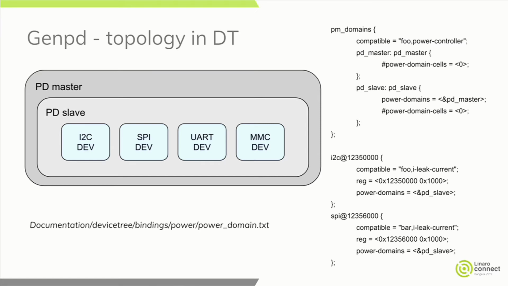Then I can power off the entire domain. The vice versa happens when you do the power on, of course. If there are no devices that are on, I need to power on my power domain first. So the device instance, even in the power down state, will be there. It's just marked as off, inactive or whatever.